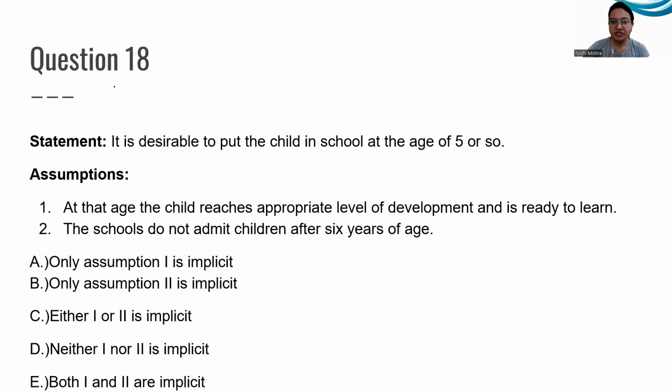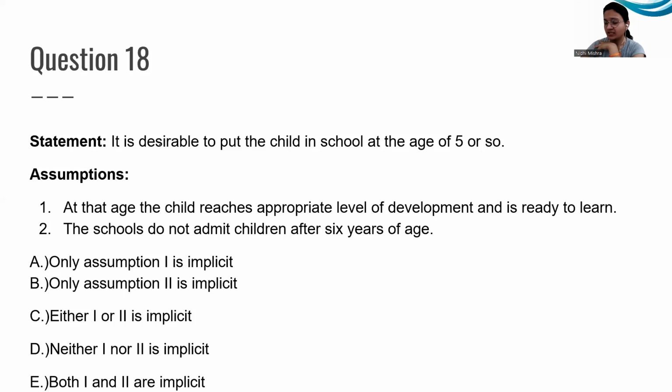Now, question number 18. Let's see. Statement. It is desirable to put the child in school at the age of 5 or so. Okay. Just give me a second. Now you must be understanding the importance of these steps, right?